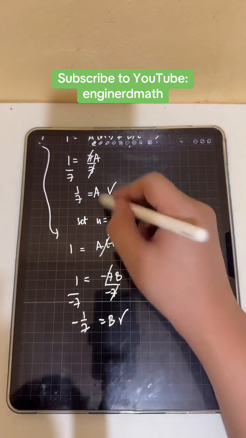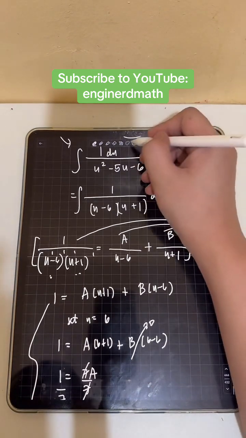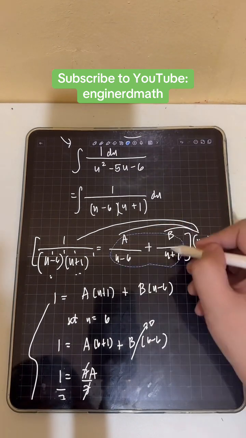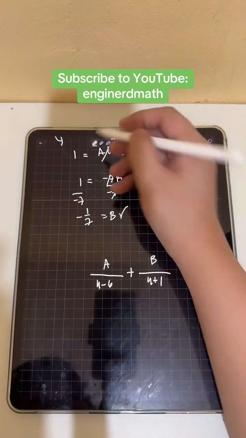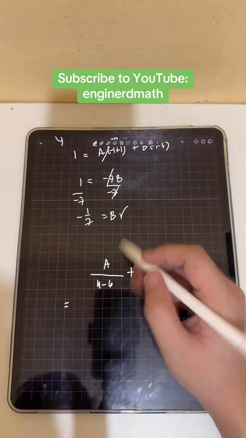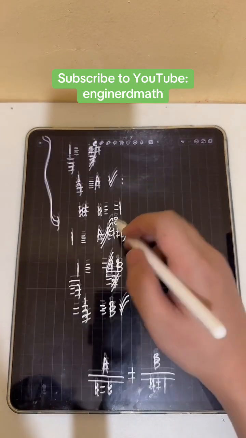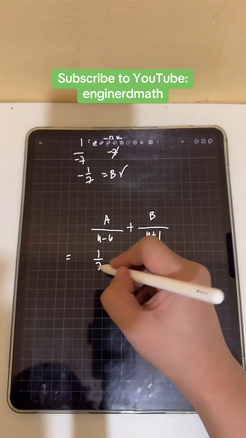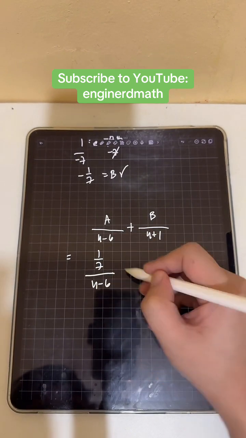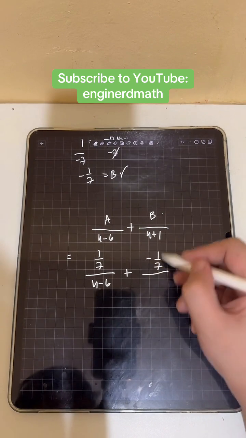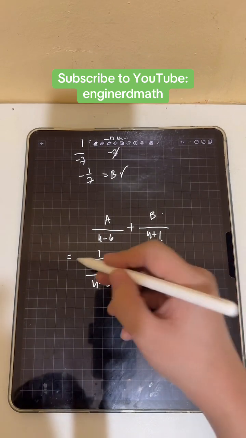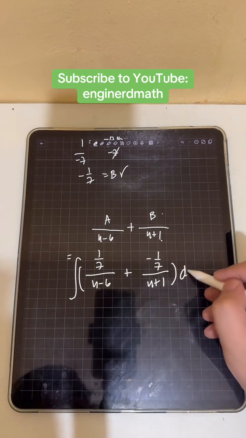Now, we substitute the values of A and B in the sum of partial fractions form. So the value of A is 1/7 over u minus 6, plus the value of B, negative 1/7, over u plus 1. And then let's integrate.